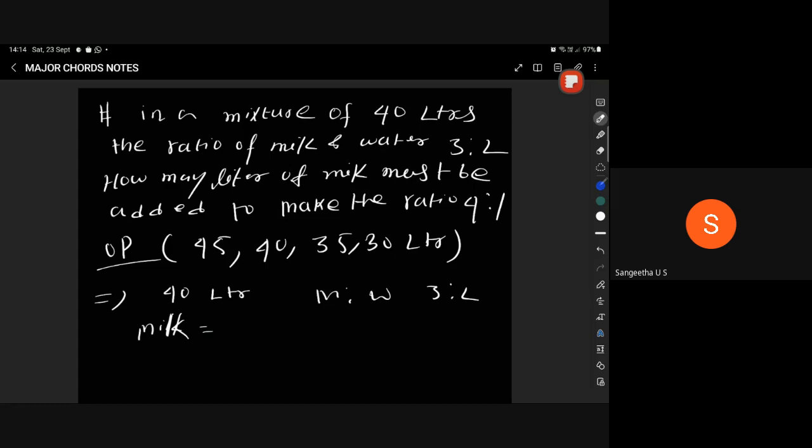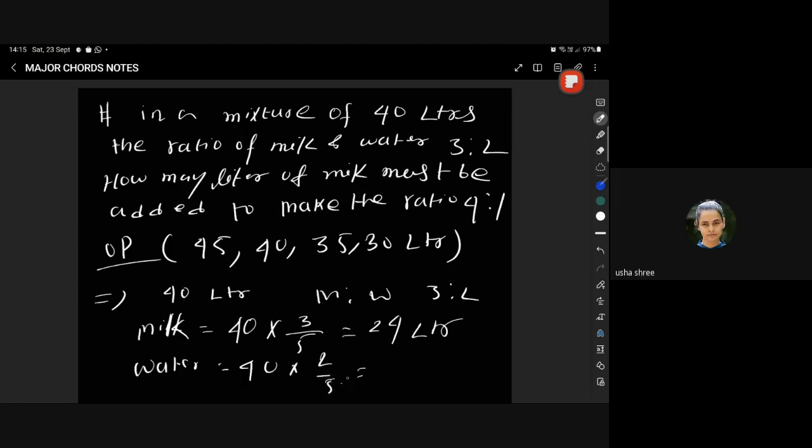In 40 liters of mixture, if the ratio of milk and water is 3:2, what is the amount of milk? 40 into 3 by 5 will give you 24 liters, and water is the rest, meaning 40 minus 24, or 40 into 2 by 5, which will give you 16 liters.